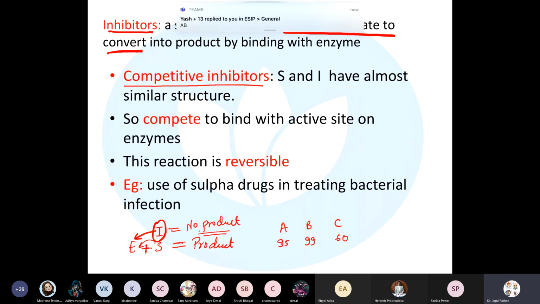A and B, right? The competition is between A and B.